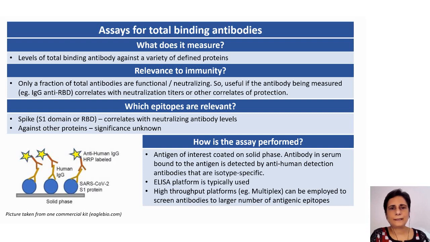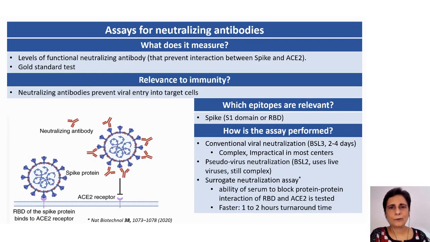If we examine neutralizing antibodies, these are functional assays. They look to see whether there is an antibody present that prevents the interaction between the spike protein and the ACE2 receptor. And it is again the spike and the receptor binding domain of the spike that are most relevant here.